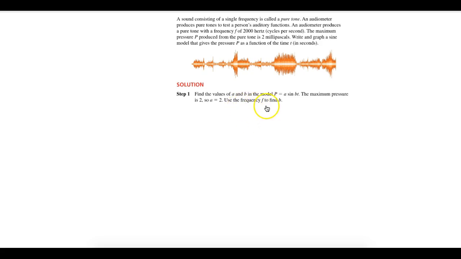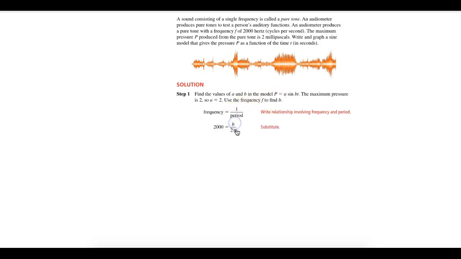So now we need to use the frequency to find B. We're going to use that relationship I just talked about. The frequency is equal to 1 over the period. So we can use this to find our actual B value.